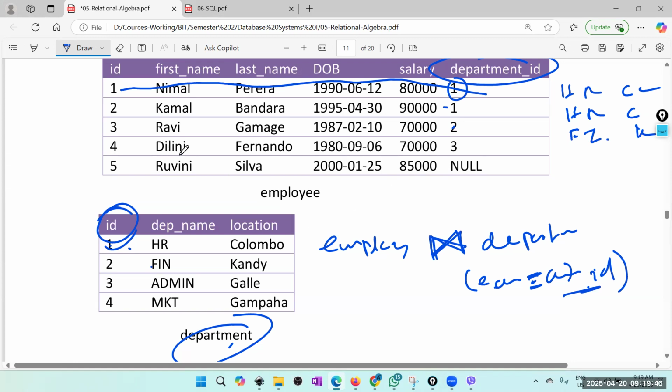And this guy is Dilini Fernando, department 3, which means admin Galle. And this guy is not related to a department, so this record is taken out. So your result has only 4 records. This one is taken out because this employee is not related to a particular department.